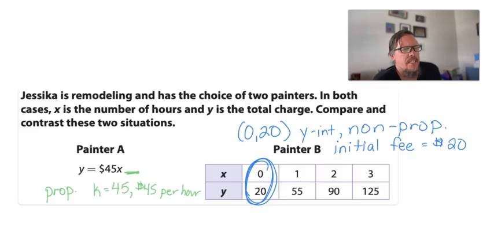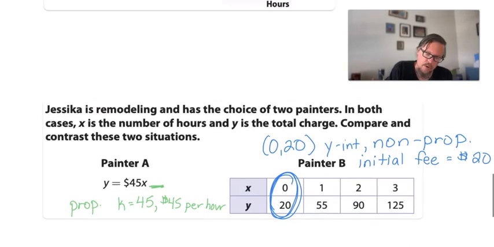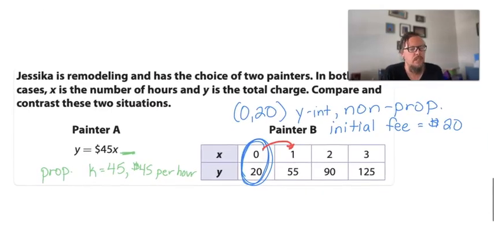But then how much is this painter charging per hour? So let's just look at the first hour here. When we go from 0 to 1 hour, so that first hour that the painter is working, the cost goes from $20 to $55.